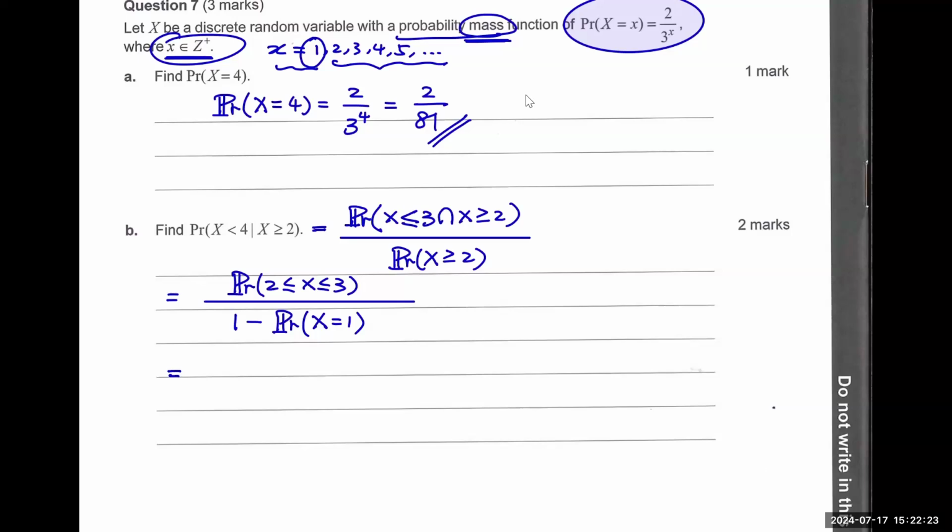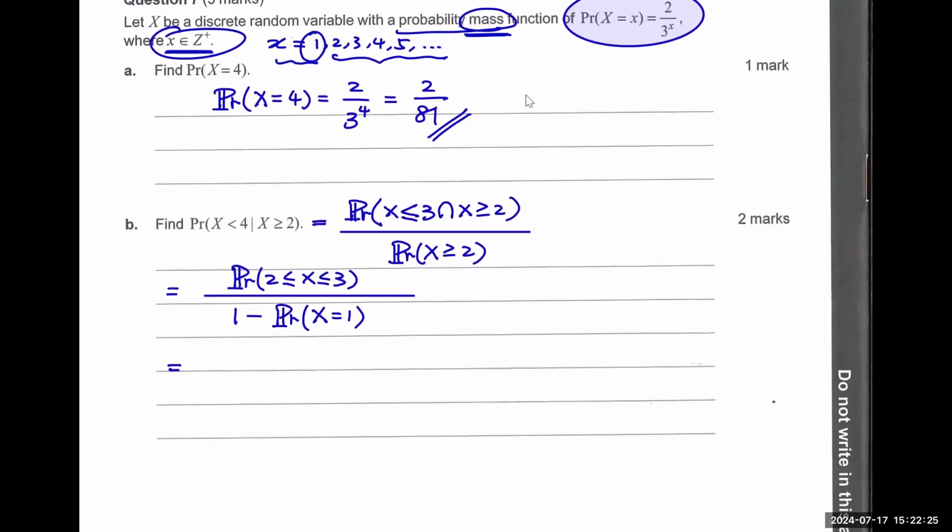Now all I need to do is chuck in 2 and 3, say 2 over 3 to the power 2 plus 2 over 3 to the power 3, divided by 1 minus 2 over 3 to the power 1. That is just 2 over 3, okay? So effectively, we are dividing by 1/3, which is times 3.